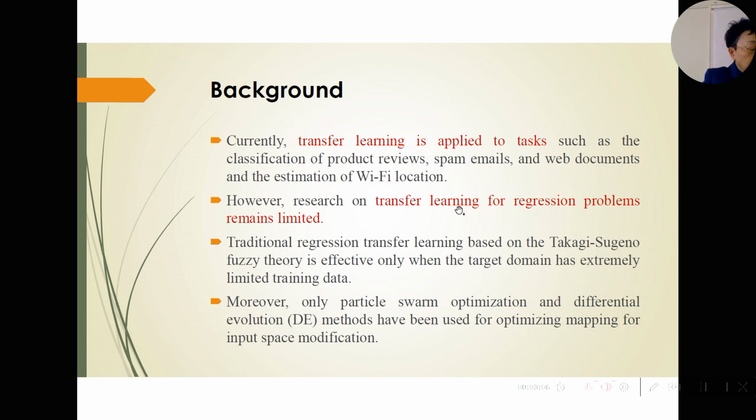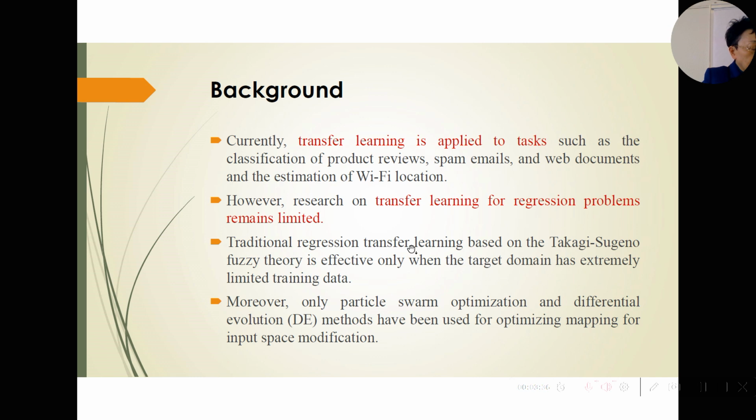Fuzzy systems, capable of efficiently handling uncertainty, have been given attention in such solutions. Traditional regression transfer learning based on the Takagi-Sugeno fuzzy theory is effective only when the target domain has extremely limited training data.